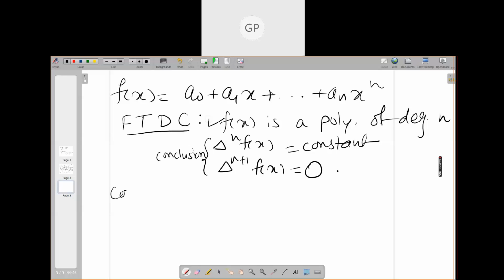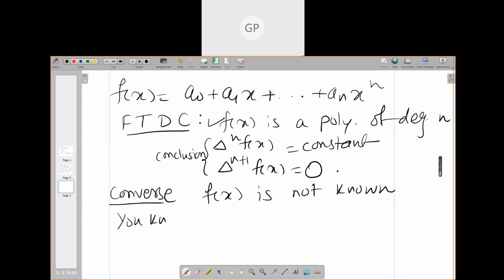Now I am considering the converse of this. That is, I am considering that I have a tabulated function. I don't know what is the relation between x and y. What is f of x? I don't know f of x. Do you understand that? f of x is not known. But what do you know?